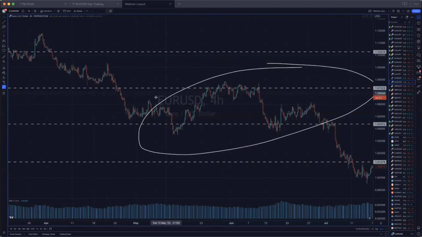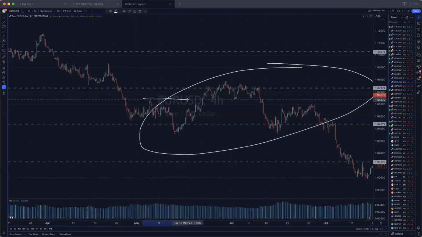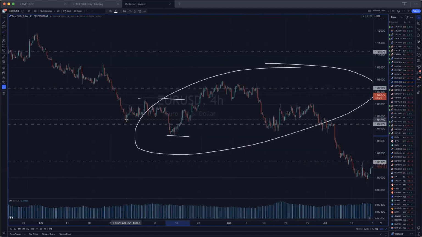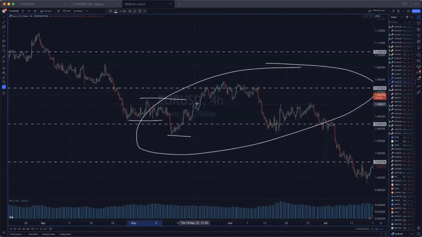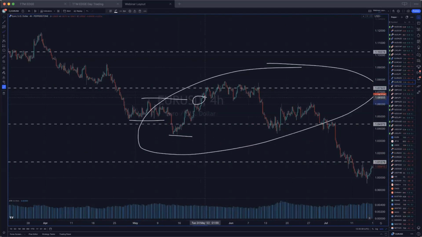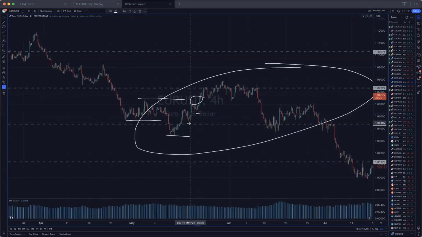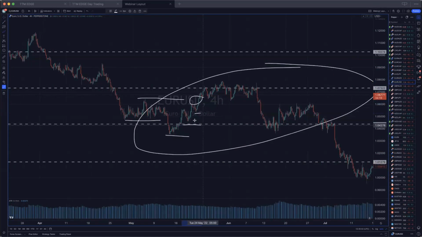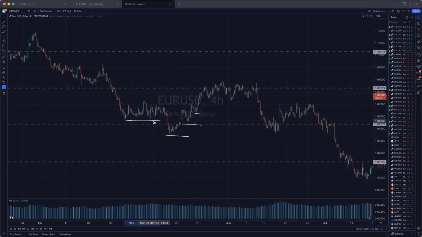Well, we have a high, we have a low over here, and then we have the market break that high over here and start creating higher lows. So in ordinary circumstances, you would look at that and think, well, the market's changed. I therefore now need to start buying the market because the direction of the market is to the upside.